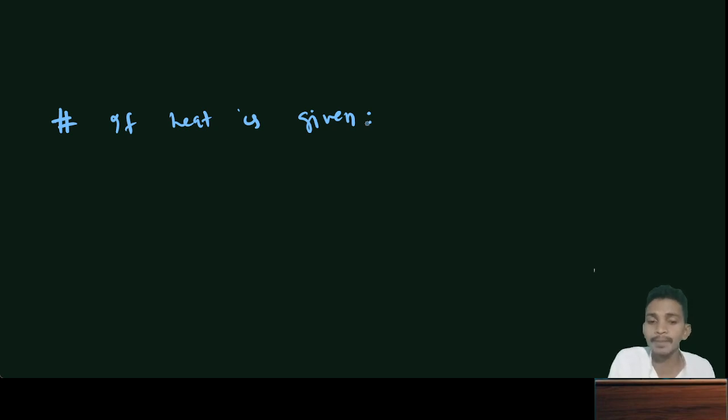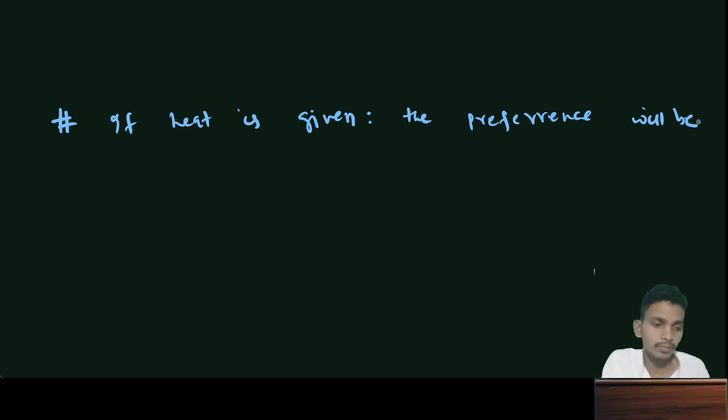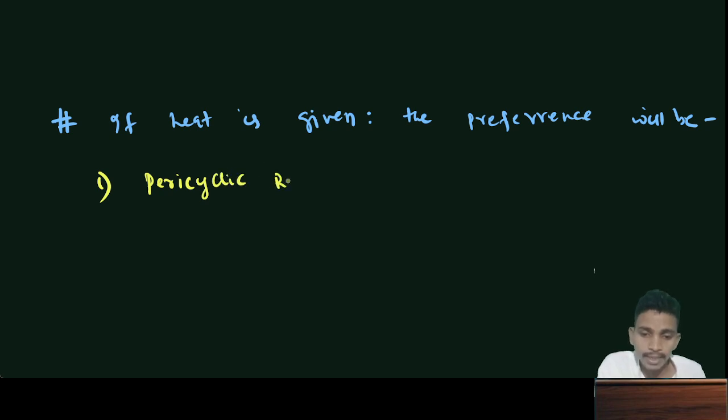If heat is given, the first preference, among all organic reactions, will be that we look for pericyclic reactions. Pericyclic reactions will be the first preference if heat is given.